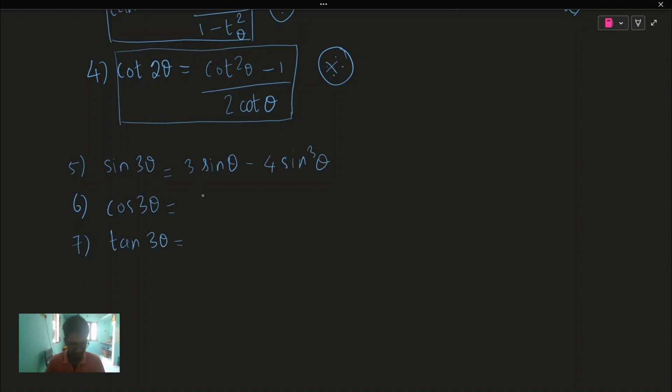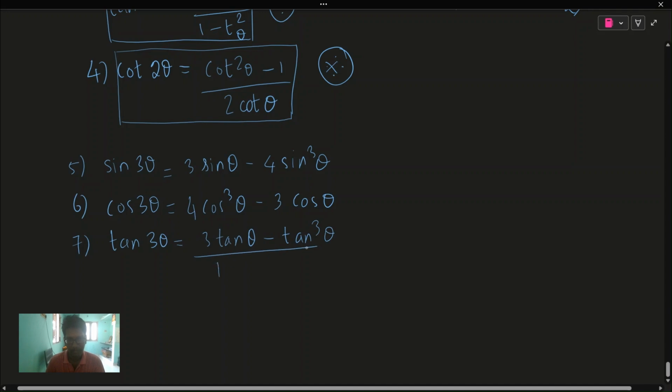And cos 3 theta is equal to 4 cos cube theta minus 3 cos theta. And tan 3 theta equal to 3 tan theta minus tan cube theta divided by 1 minus 3 tan square theta.